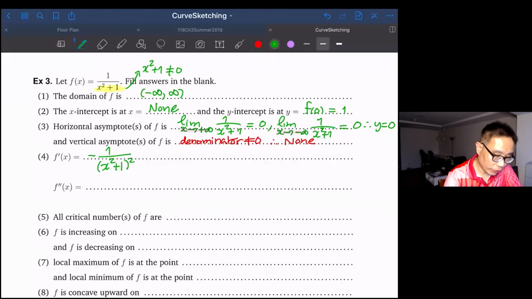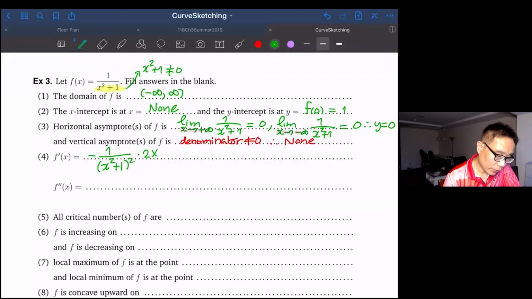So when you differentiate the inside, you multiply by 2x. So in this case, f prime of x is negative 2x over (x squared plus 1) squared.